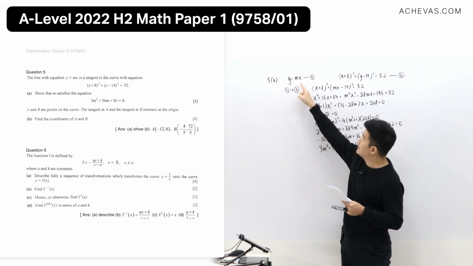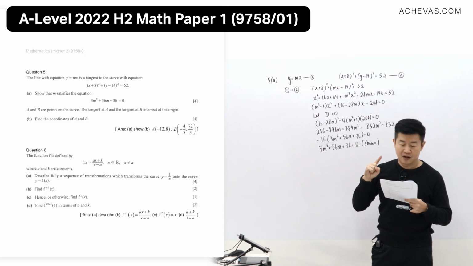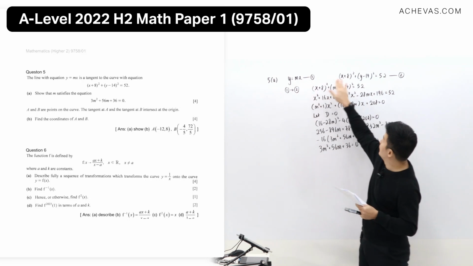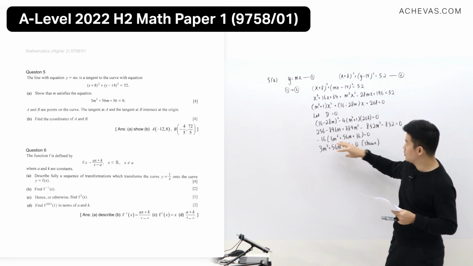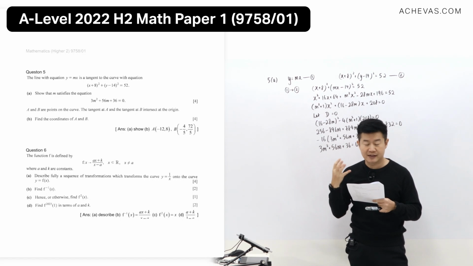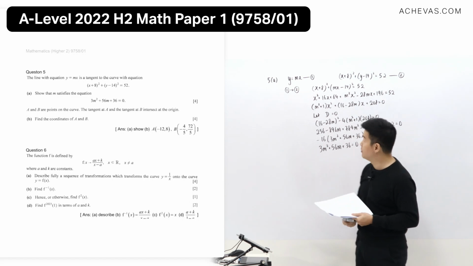So it is actually this tangent that is mentioned in this second part of the question where we have these points A and B. Let me just do a quick sketch of the diagram based on this, and of course, we're going to be making use of this to solve for m, so that we have a better idea of how the scenario is like before we continue with part B.